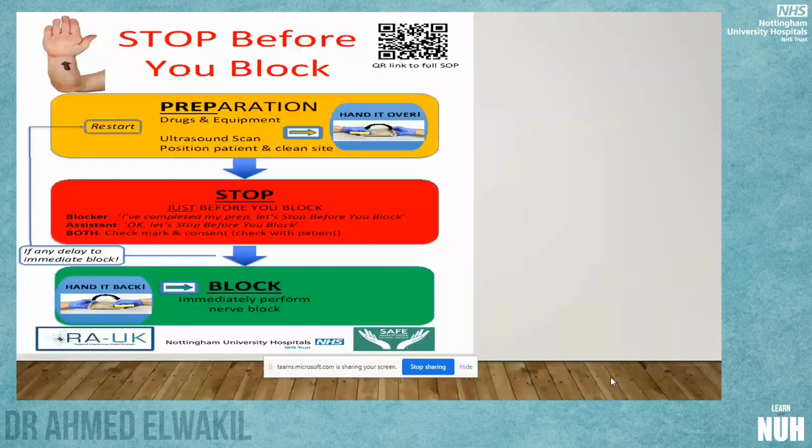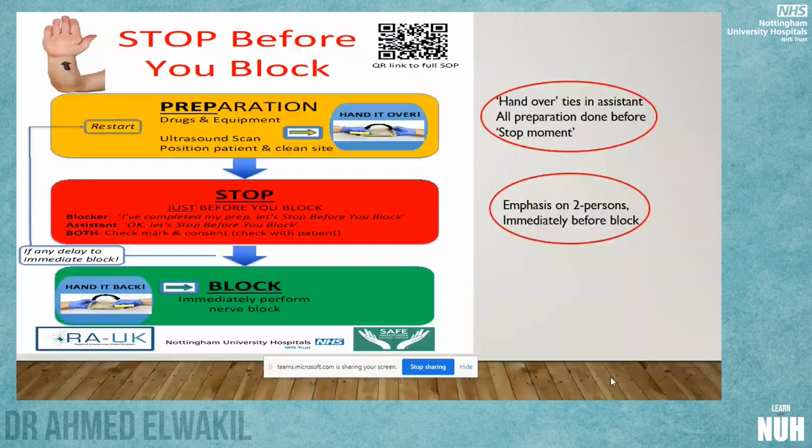To achieve this, we have a training package consisting of this poster, the Prep Stop Block poster, a training video, and an SOP. I will go through the video now.